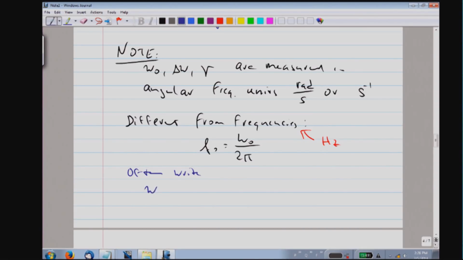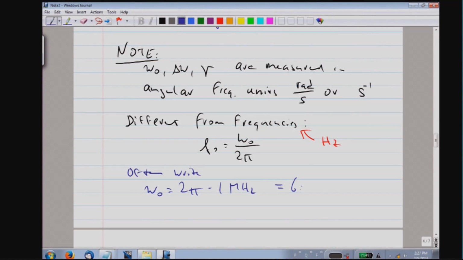You may write an angular frequency omega naught as 2 pi times 1 megahertz. Then you exactly know what it is. This is nothing else than 6.28 times 10 to the 6 second to the minus 1.